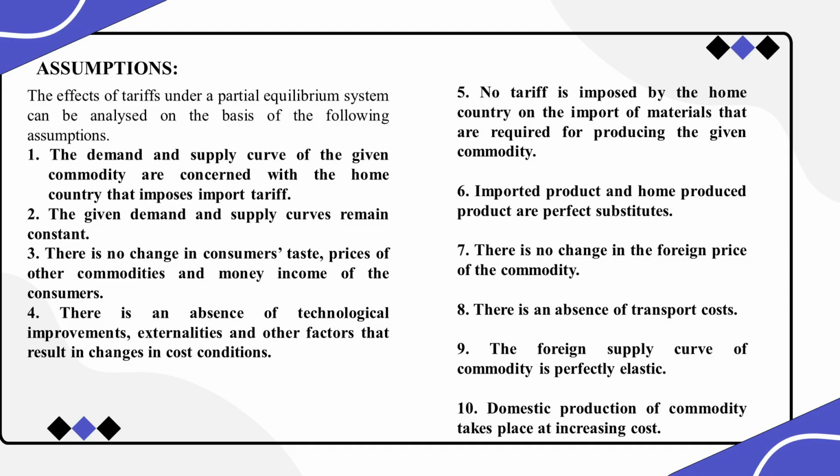Number eight, there is an absence of transport costs. Number nine, the foreign supply curve of the commodity is perfectly elastic. And assumption number 10, the last one, domestic production of the commodity takes place at increasing cost.